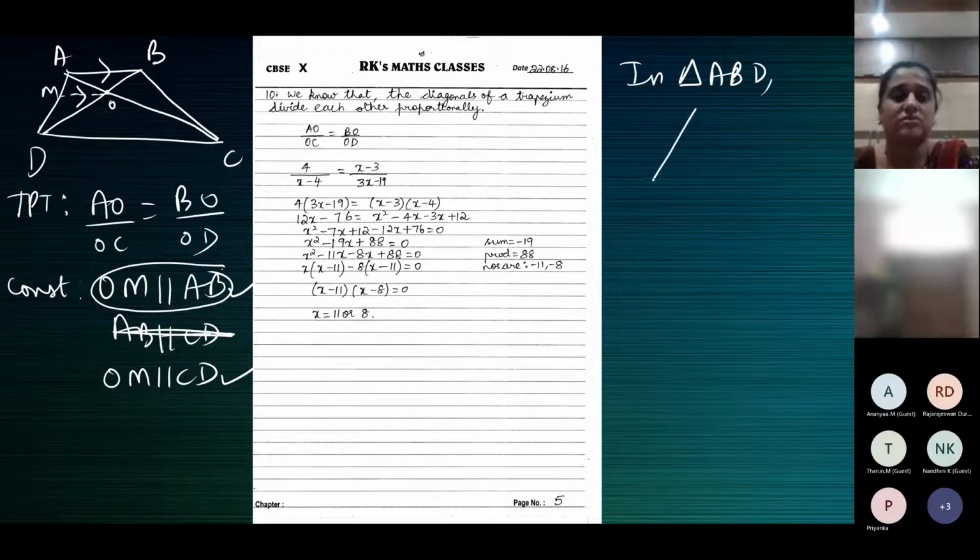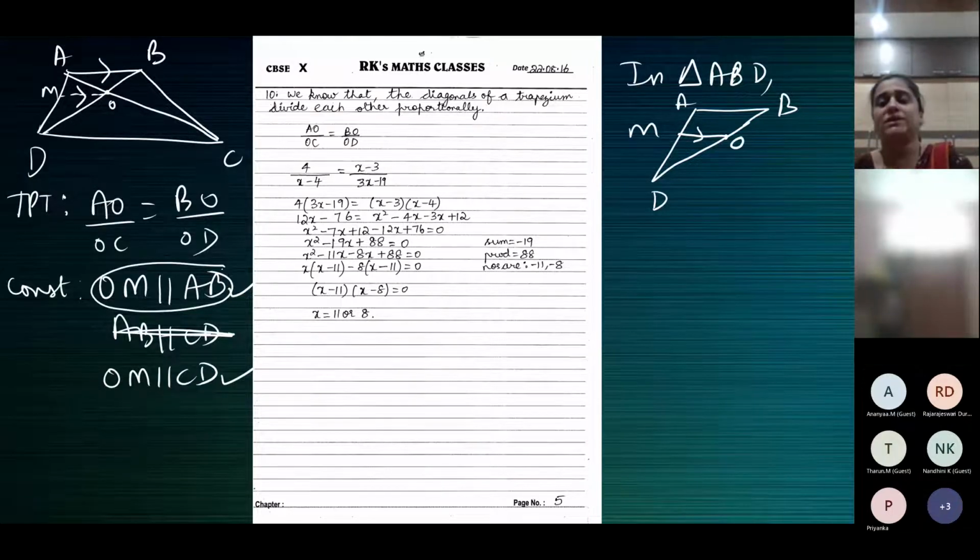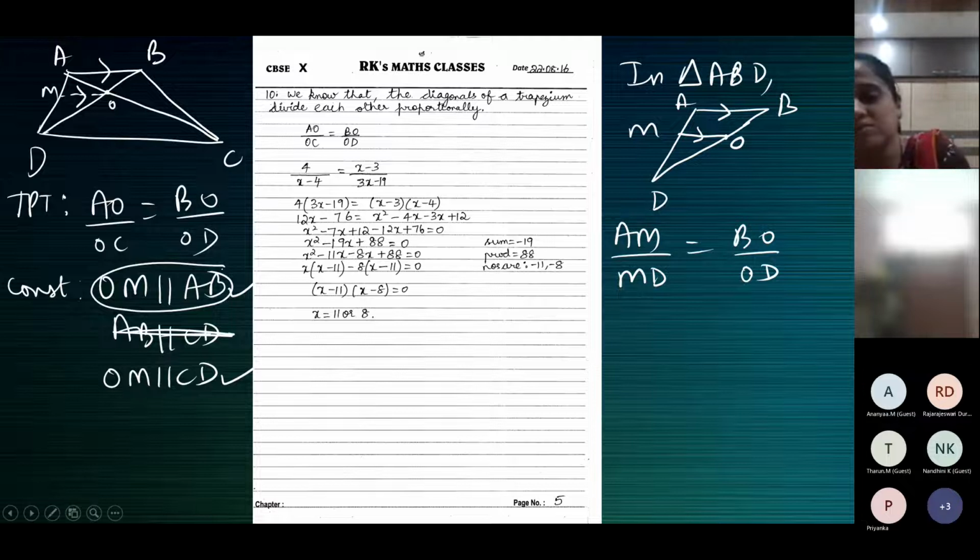See, the triangle is like this, ABD, and somewhere here we have OM. So by BPT, because the lines are parallel, we have AM by MD is equal to BO by OD. This is result 1.